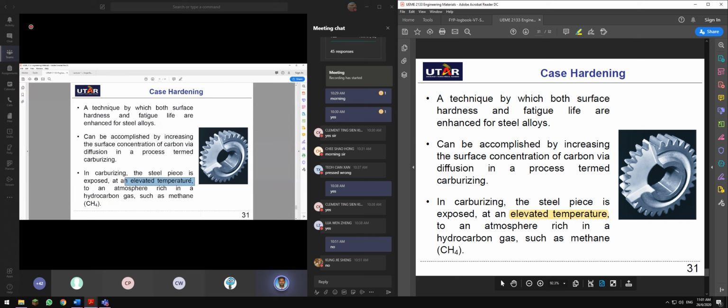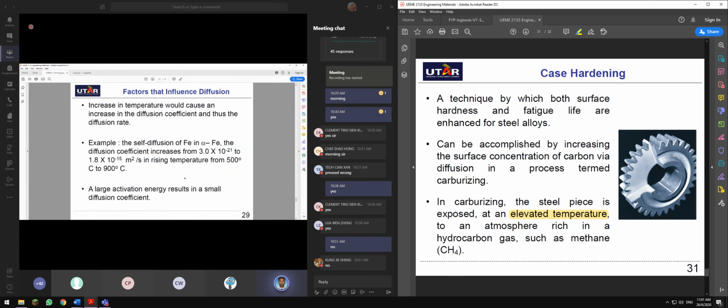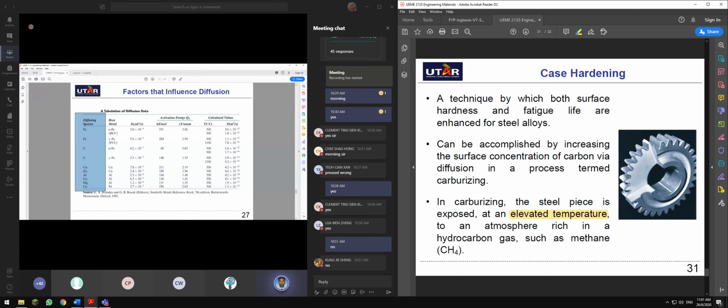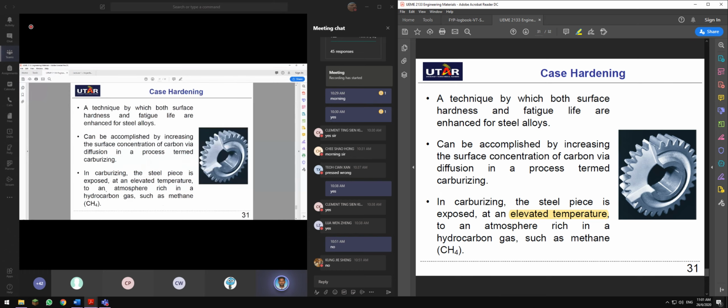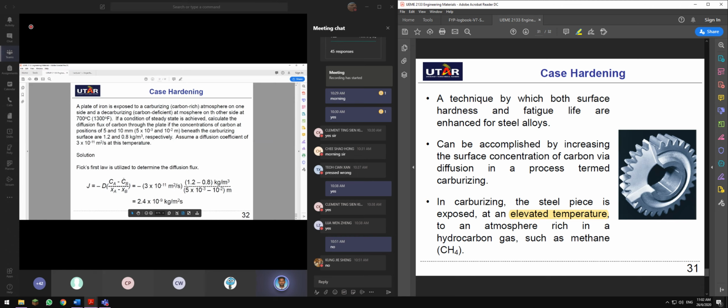It is to increase the activation energy for the diffusing species. In a hydrocarbon gas such as methane, CH4, the C will be unbound from H4, and this carbon will start diffusing in ferrum, which is Fe, iron.